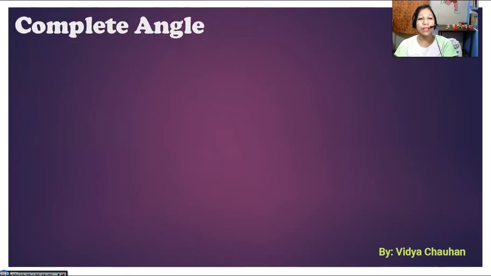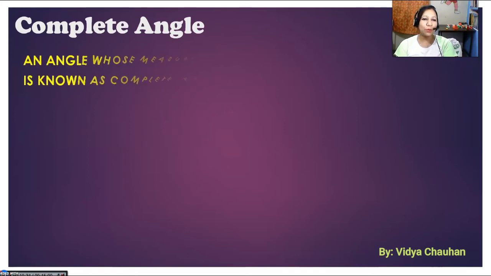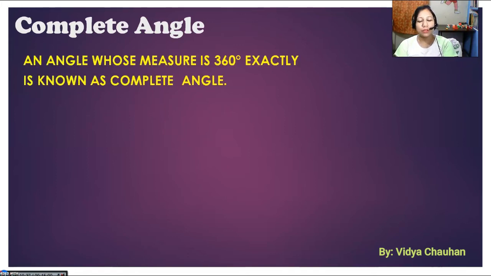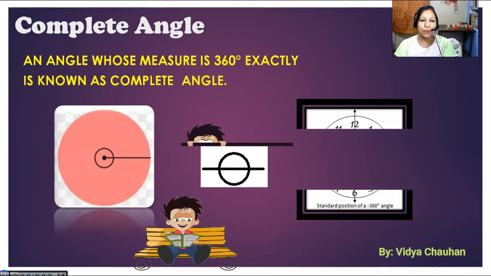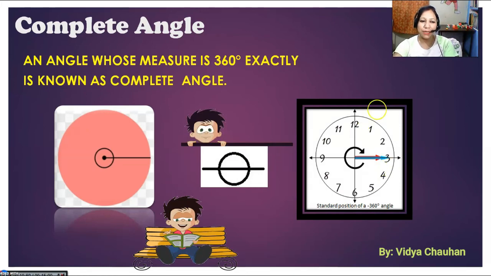Let's move to the next part, which is a complete angle. So students, what is a complete angle? An angle whose measure is exactly 360 degrees is known as a complete angle. As you can see in the picture, a complete circle started from the same point and reached the same ending.